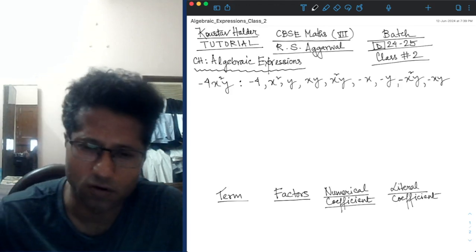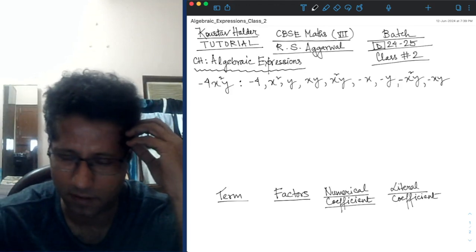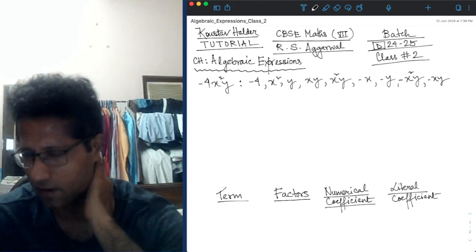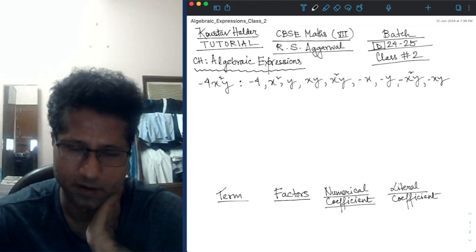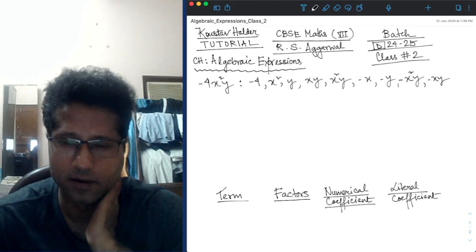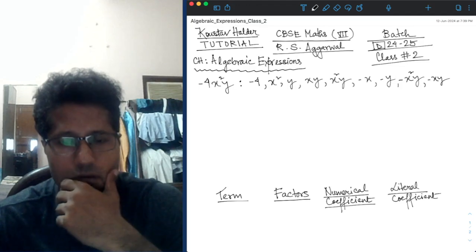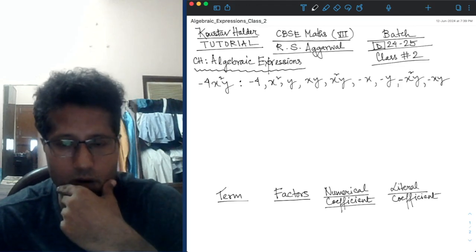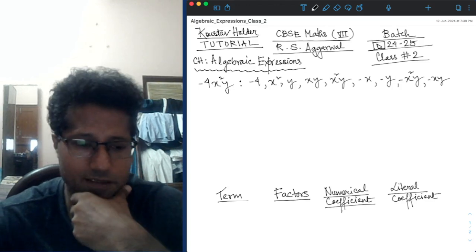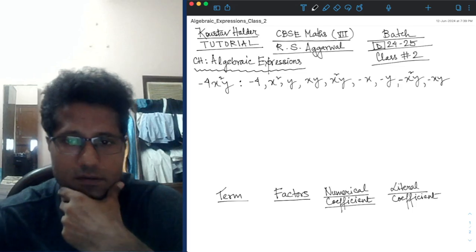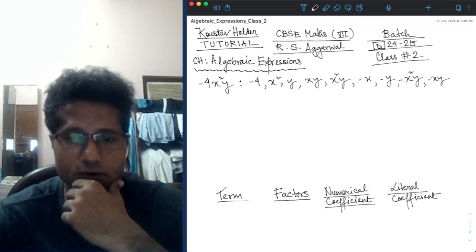But the definition of factors of a term is a bit different, given in different books. So it's really hard to understand what exactly the factors of a term means. I mean, the terms of an algebraic expression, that is fine; there is no doubt or confusion in that.